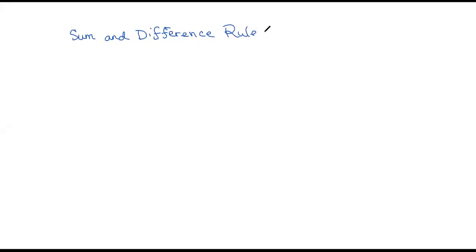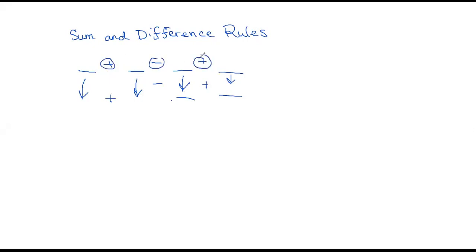These rules just say that if I have a bunch of terms and I'm taking the derivative of them, whatever they are, I can take the derivative of this one and then continue on, take the derivative of this one and then continue on, take the derivative of this one and continue on. Those are the sum and differences. So I'm just putting them all together.